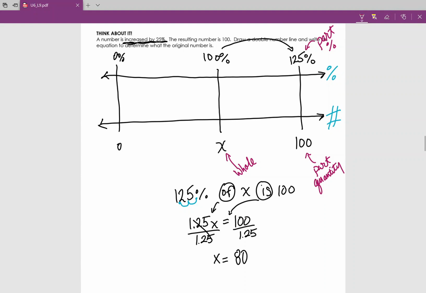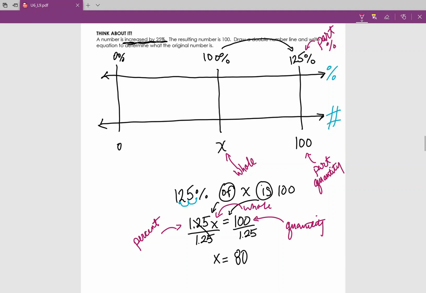We put our percent, then we put our whole, and we put it equal to our quantity. I just misspelled that. That's okay.